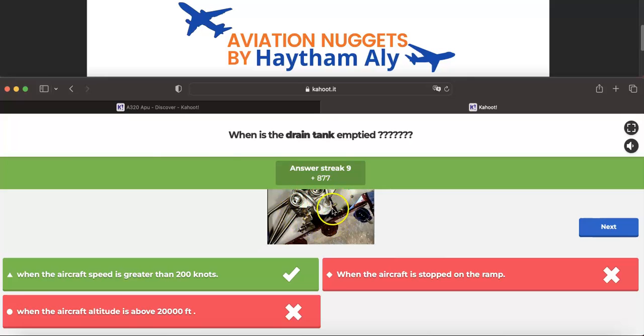So this drain tank will be emptied only if the aircraft is in flight and the aircraft speed is more than 200 knots. Differential pressure will act on the fluid in the tank, and through the drain mast, this fluid will be emptied in flight only when the aircraft speed is greater than 200 knots.